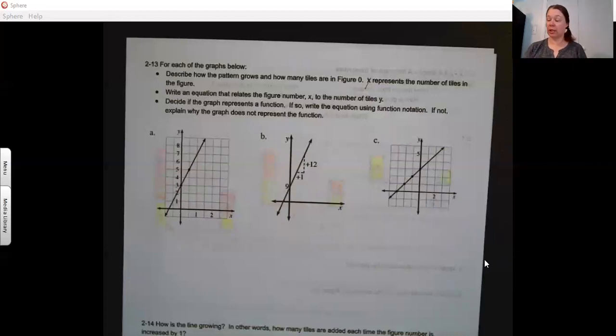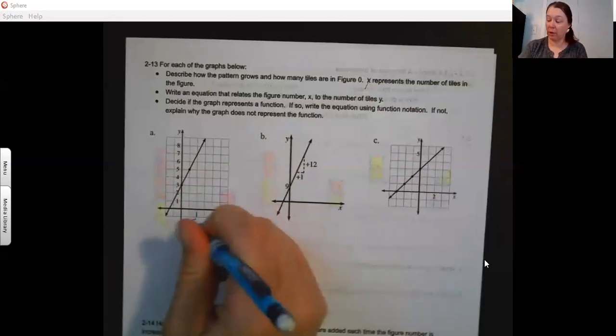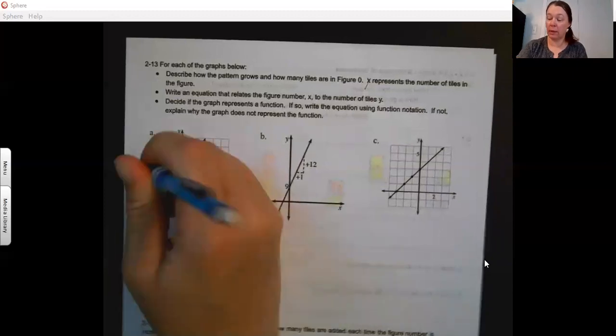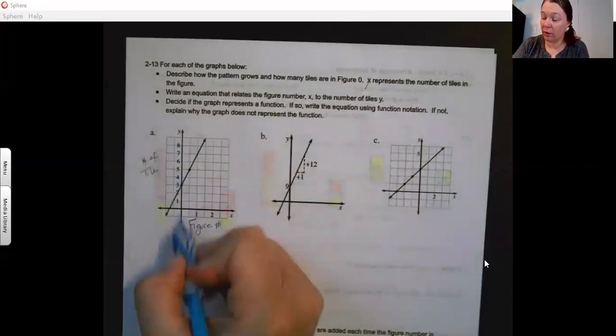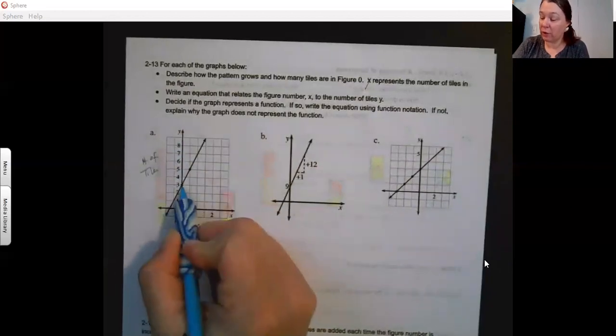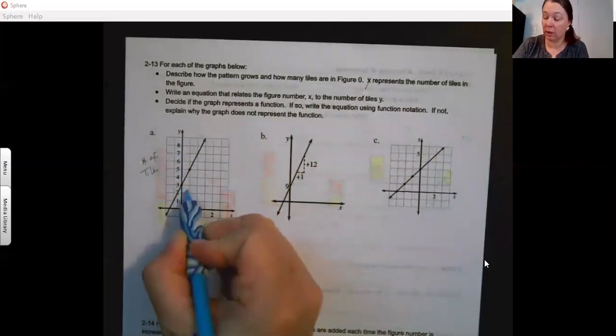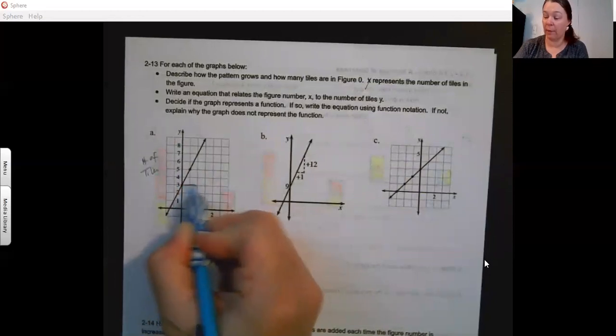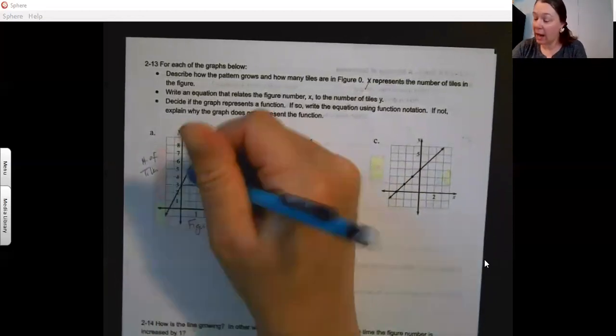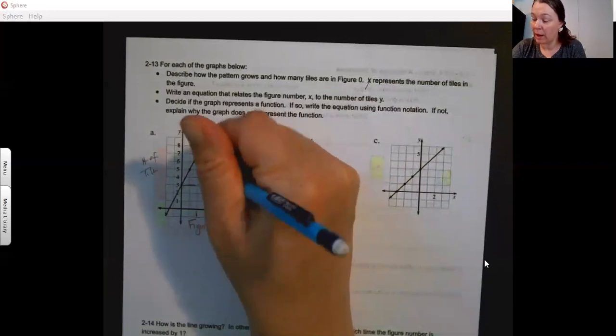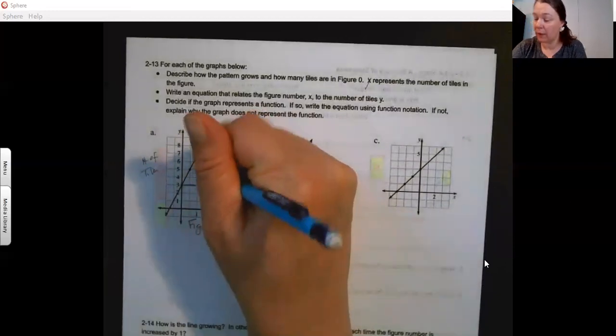So first, let's just decide how much this is growing by. So this, remember, is the figure number. This is the number of tiles. Okay, so if I think of this as figure 0, if I go from figure 0 to figure 1, so notice the scale here, right? I went up by 1 figure. How many tiles did I go up by? Here this is going by 1.